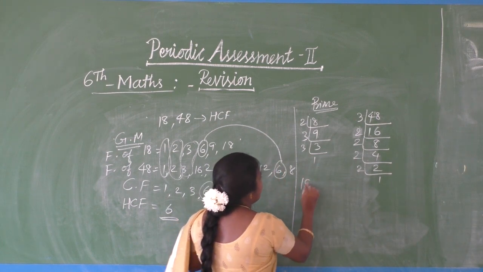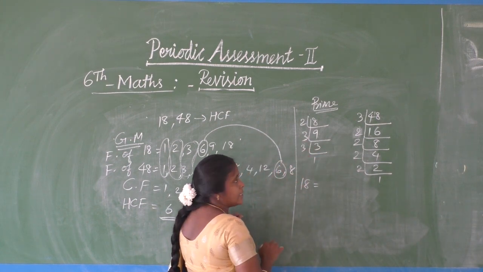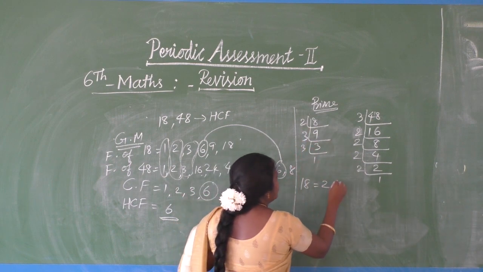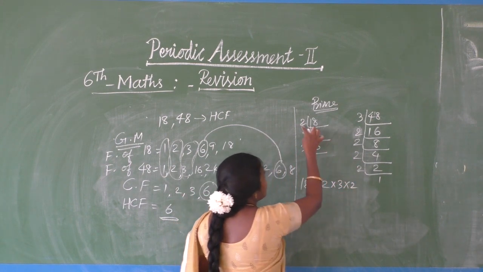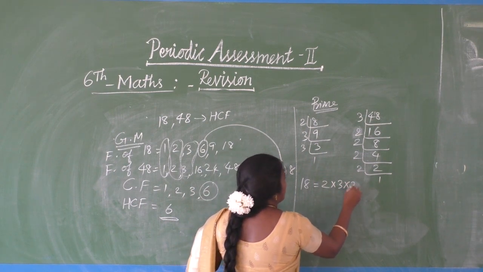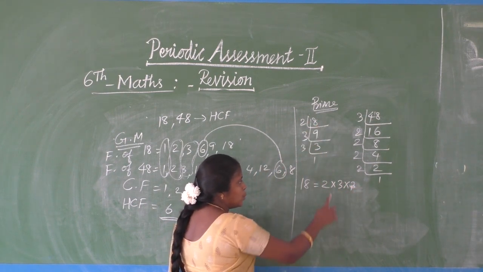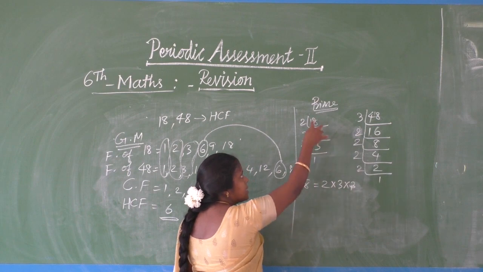So the prime factors of 18 are 2 into 3 into 3. 2 3s are 6, 6 3s are 18.